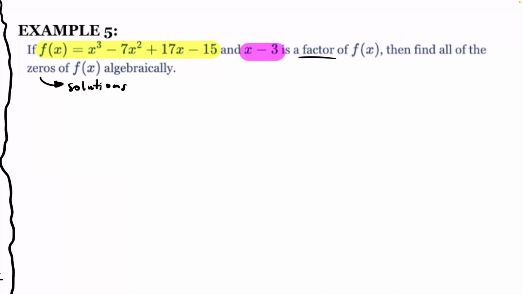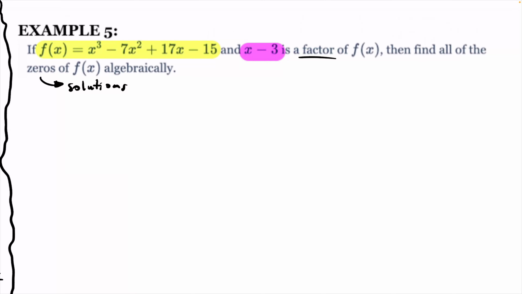What about the remainder? Something about the remainder. If it's a factor, what type of remainder is it going to have? 0. Yeah, no remainder at all when we divide. Right? When we divide, if something is a factor, it goes in evenly. Okay? So that's what they're telling us.